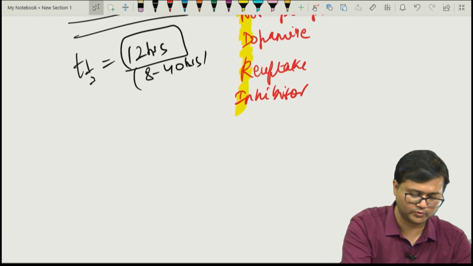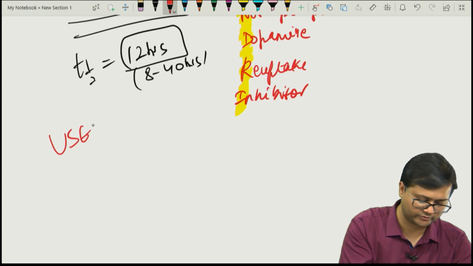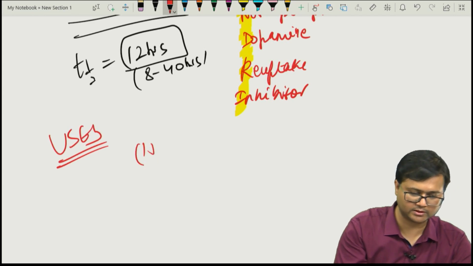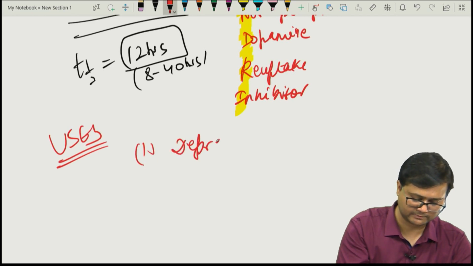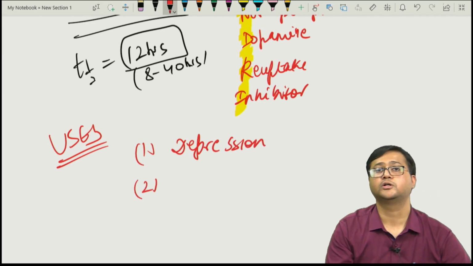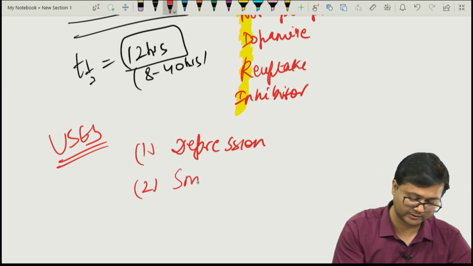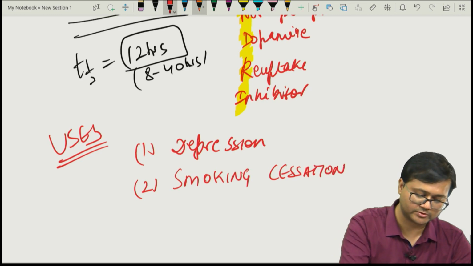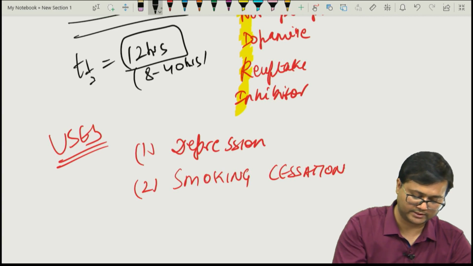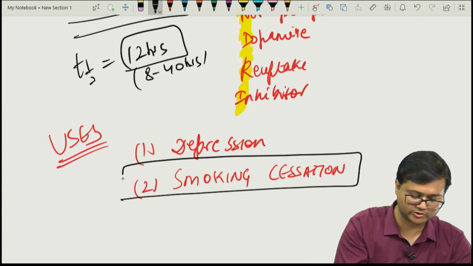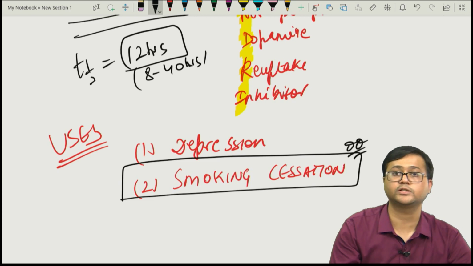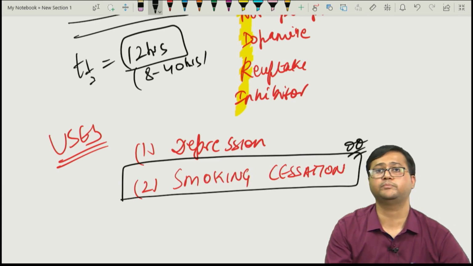Now what are the various uses of Bupropion? Other than depression, it is also used for smoking cessation, very important. Many times this question has been asked: an antidepressant which is used for smoking cessation, so the answer would be Bupropion.